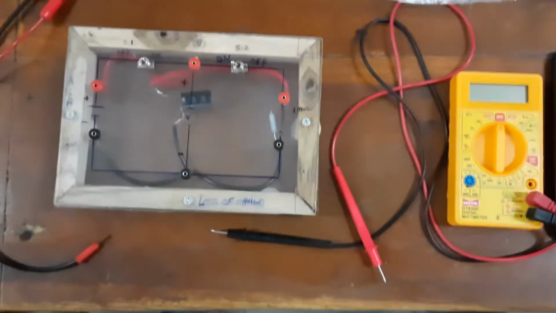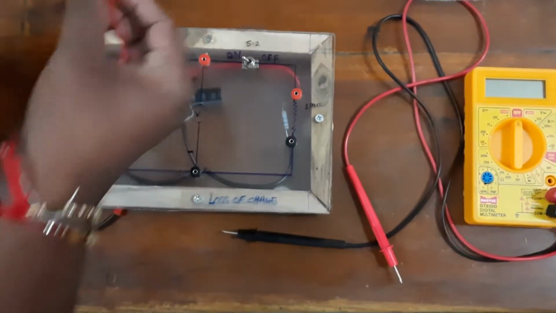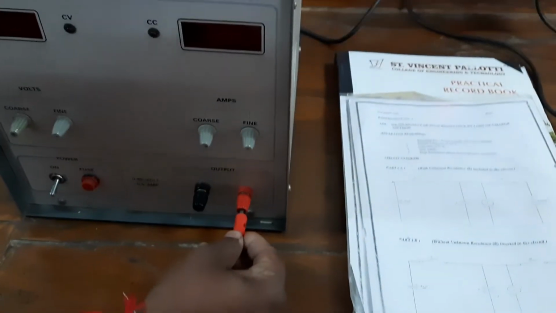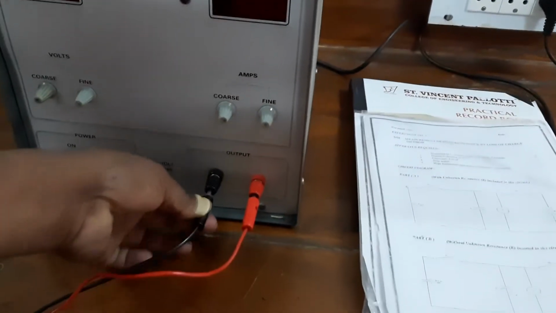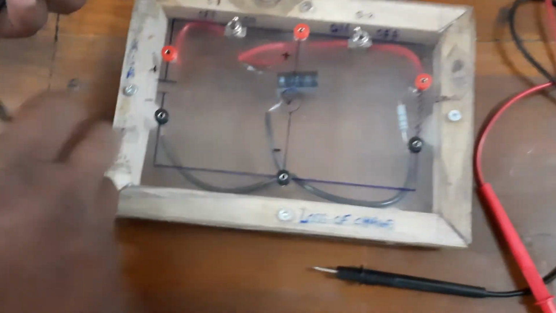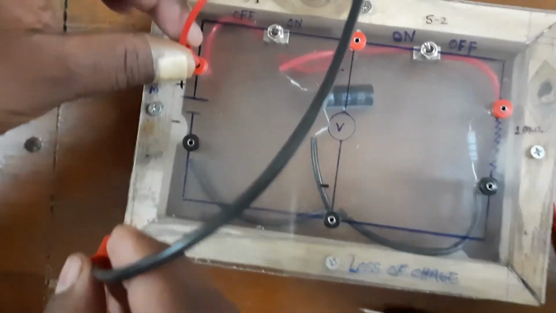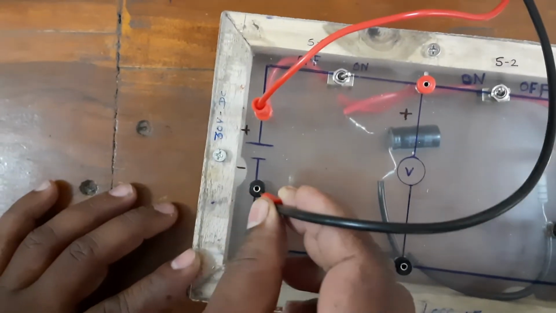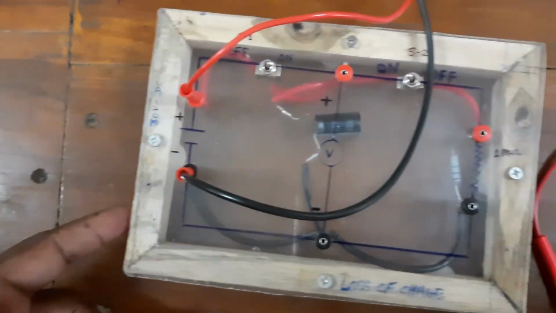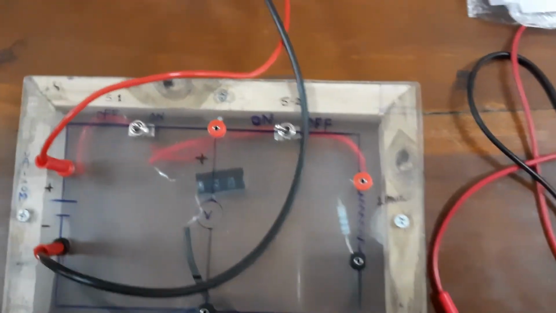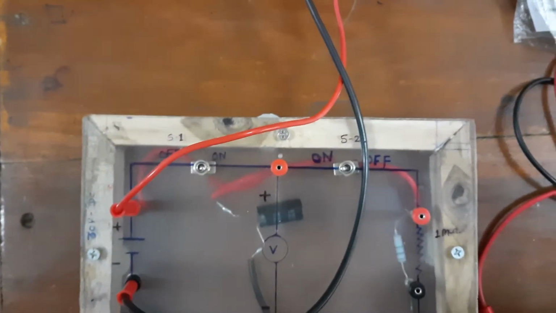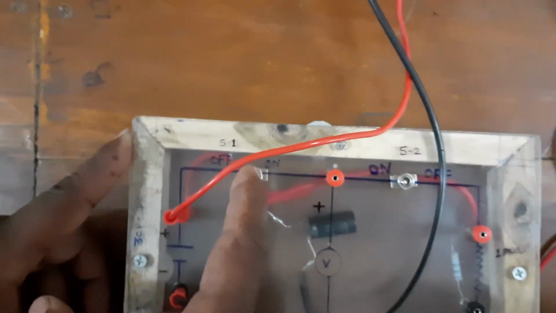First of all, we will connect the power supply to the input terminals plus and minus with the help of connecting leads. Now you are finding that the switch is in off state.